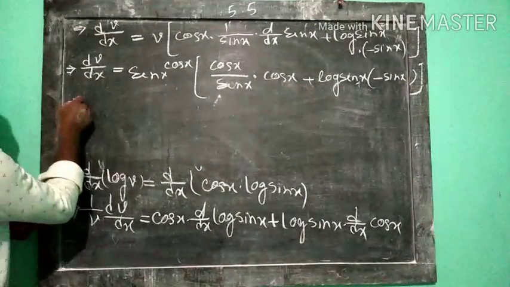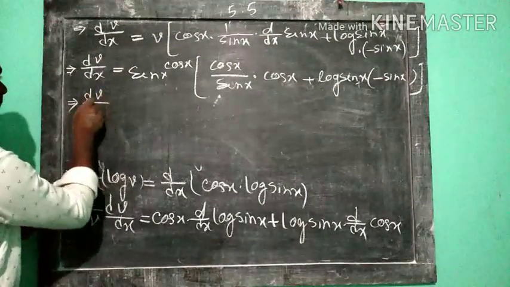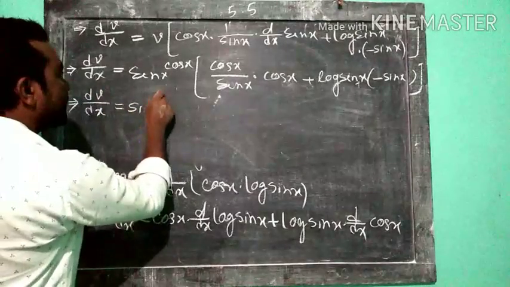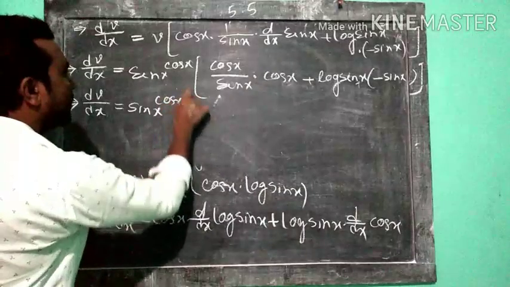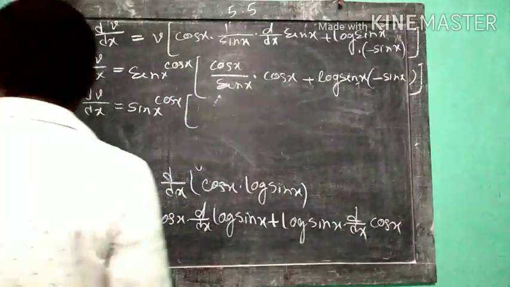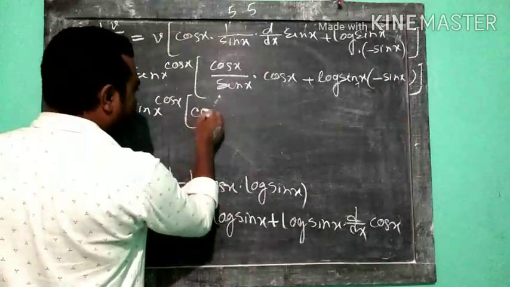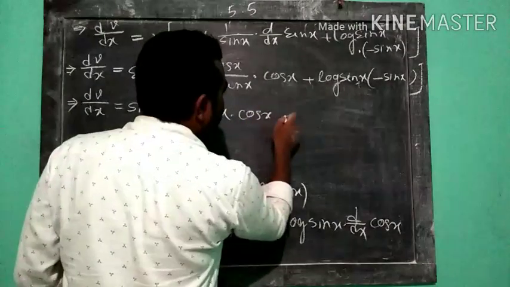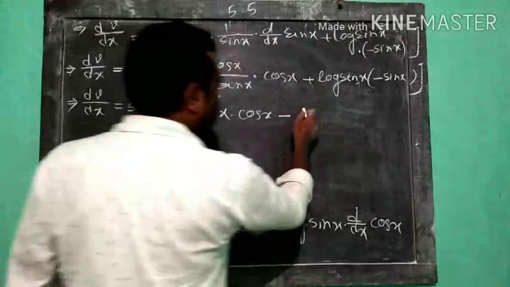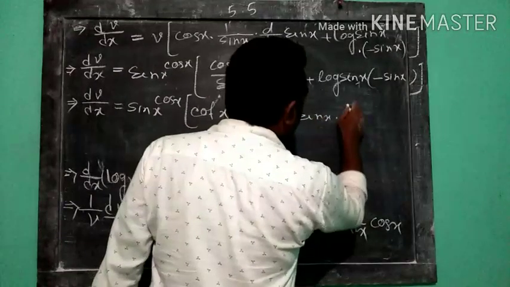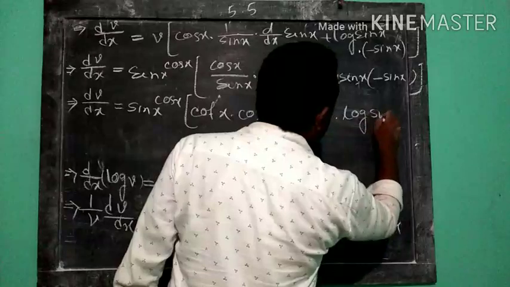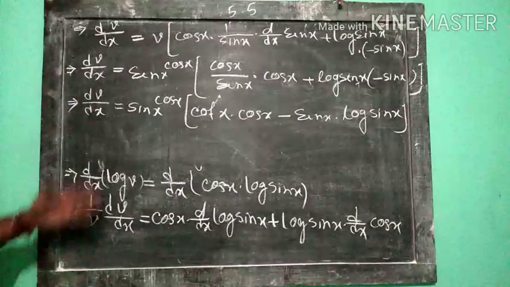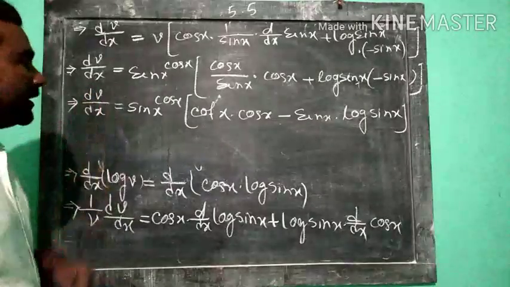So this implies dv/dx is equal to sin x to the power cos x whole into cos x by sin x, which is cot x into cos x minus sin x into log of sin x. So we finally got the value of dv by dx.